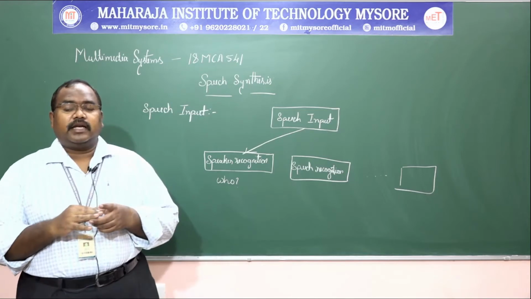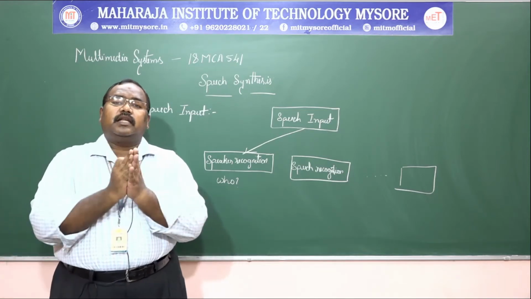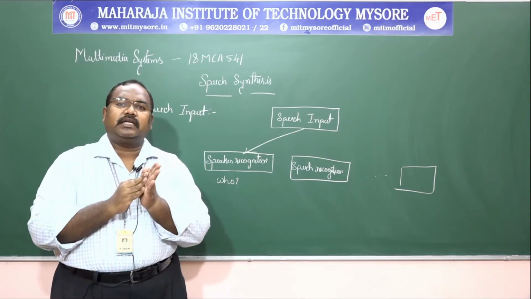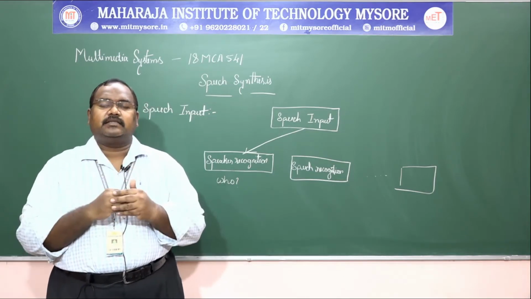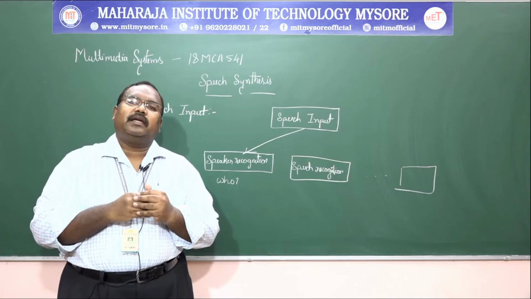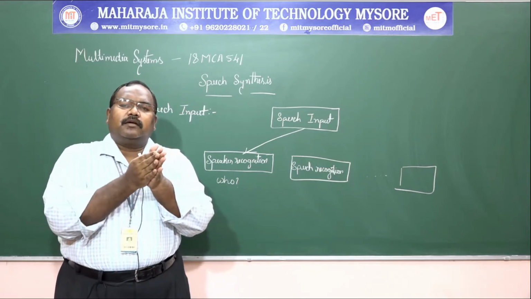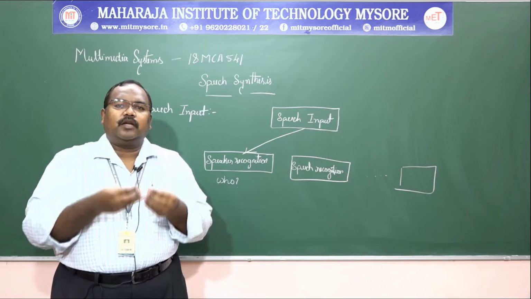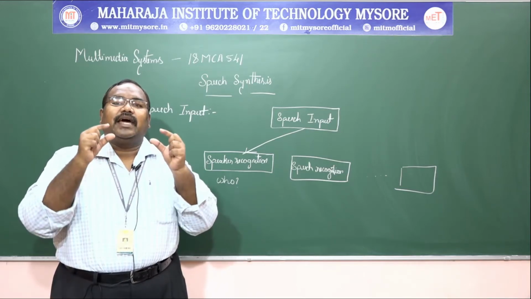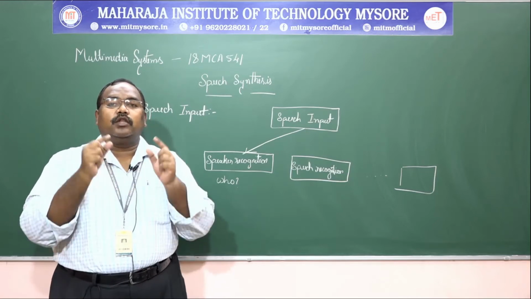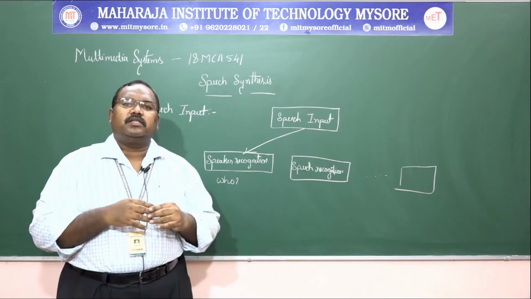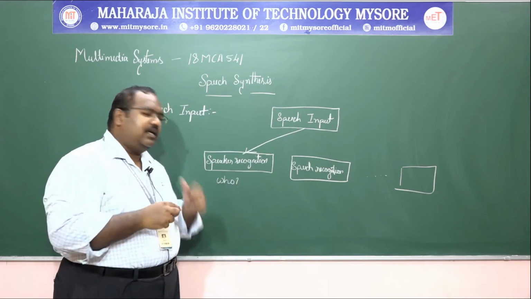It recognizes the speaker, and there are two components with respect to the speaker: speaker dependent characteristics and speaker independent characteristics. The speaker dependent characteristics include physical behavior, physical pronunciation, and the characteristics of a particular speaker, through which we are able to recognize that this voice is of this particular person. This is called speaker recognition.